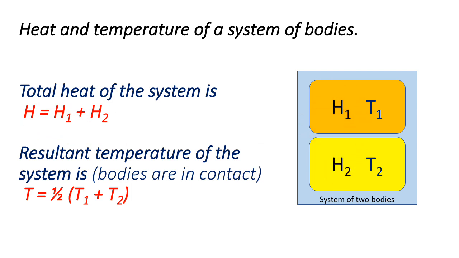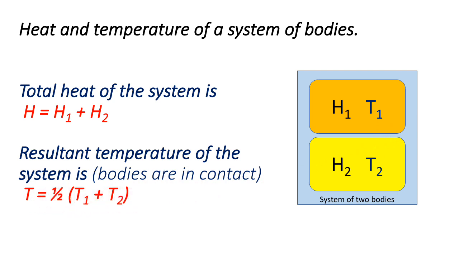Now what is the resultant temperature of that system? Suppose we put those two bodies in contact, then the heat will transfer from one body to another body. Overall we will say that the resultant temperature is actually the average of the temperatures. That means the resultant temperature is 1 by 2 of T1 plus T2.